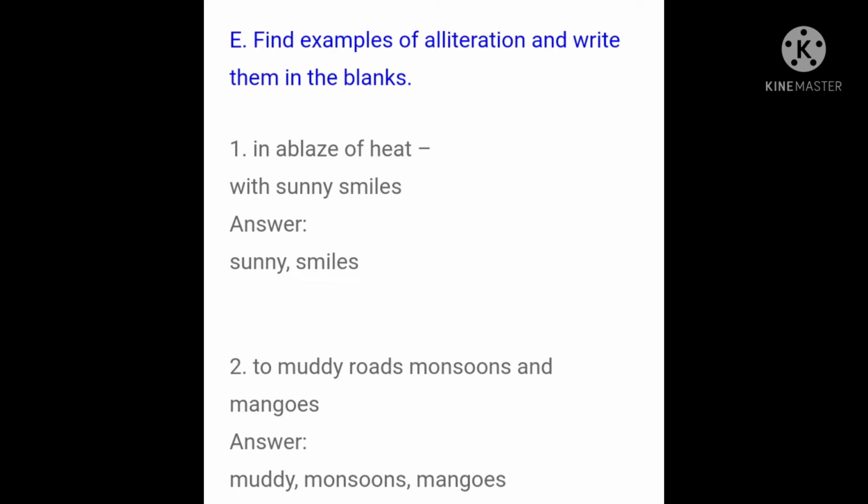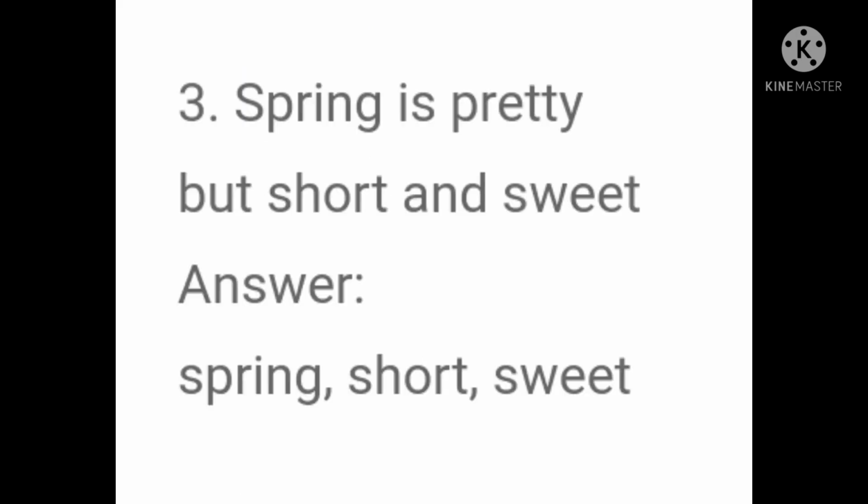In this line, muddy, monsoon and mangoes, everything starts with the consonant letter M. So we can mark these words as alliteration. We have one more question in alliteration, children, that you can do by yourself. After completing, you can refer and check your answer.